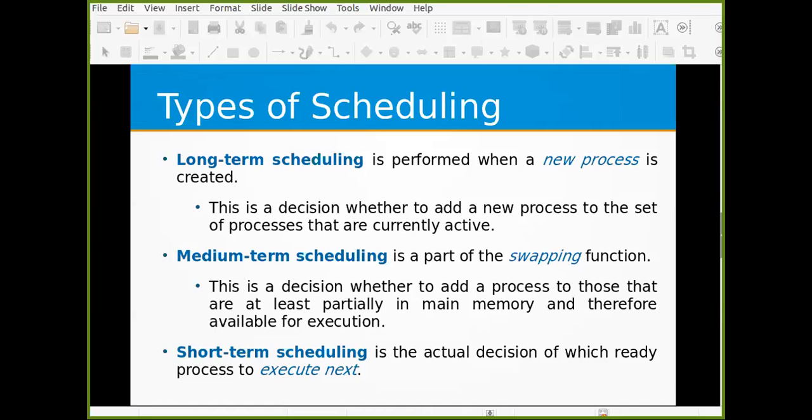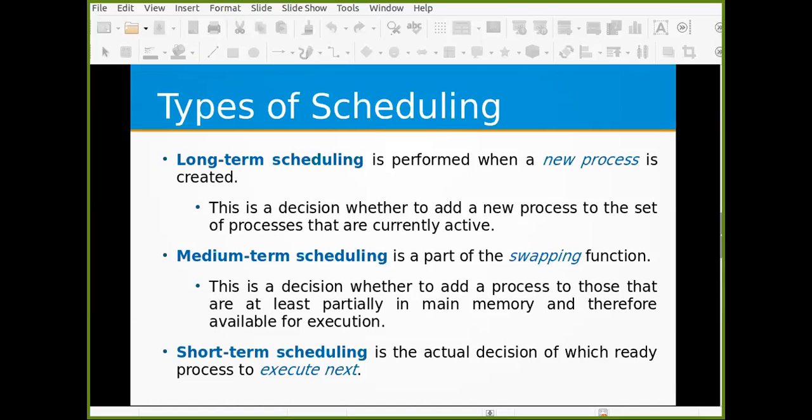And that is nothing but swapping, because if you go from blocked to blocked suspend, you are putting your process from main memory to secondary memory. And if you go from ready suspend to ready, then you are bringing it back from secondary memory to main memory. That is swapping. So medium-term scheduling is a part of this swapping function. This is a decision whether to add a process to those that are at least partially in main memory and therefore available for execution.